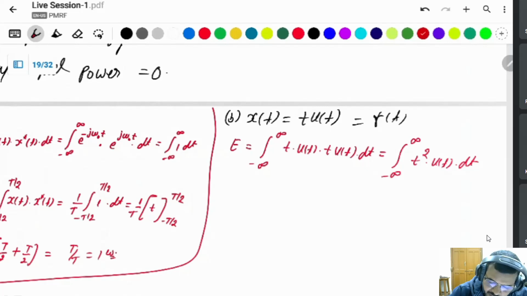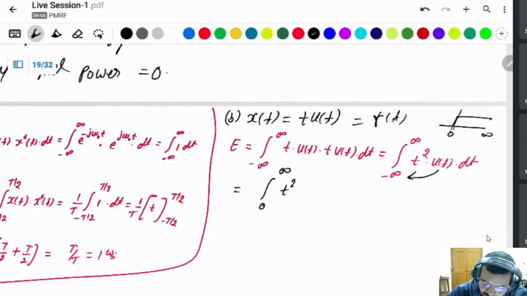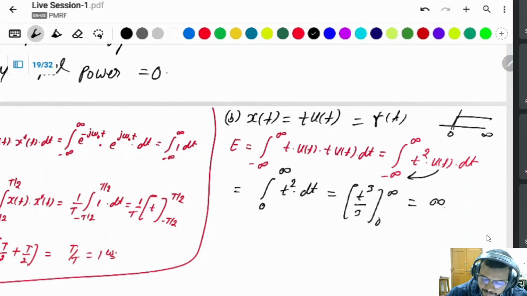Because of the multiplication by u(t), the limit changes, since u(t) is present only from 0 to infinity. Then this will be 0 to infinity of t squared dt, which gives t cubed by 3 from 0 to infinity. This will also be infinity.